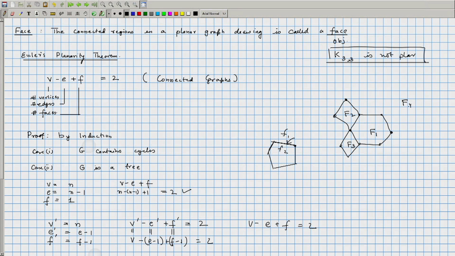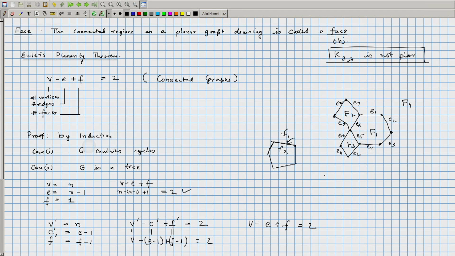Okay. Now, if we look at F1, these edges E1, E2, E3, E4, E5 and E6 are the boundary edges, and you can do this for each particular face. For F3, the boundary edges are going to be E5, E10, E11 and E2. Note that any edge can serve as the boundary edge for at most two faces.